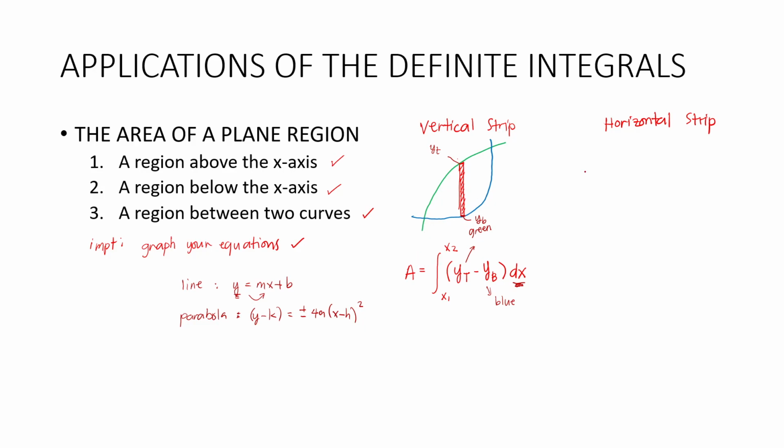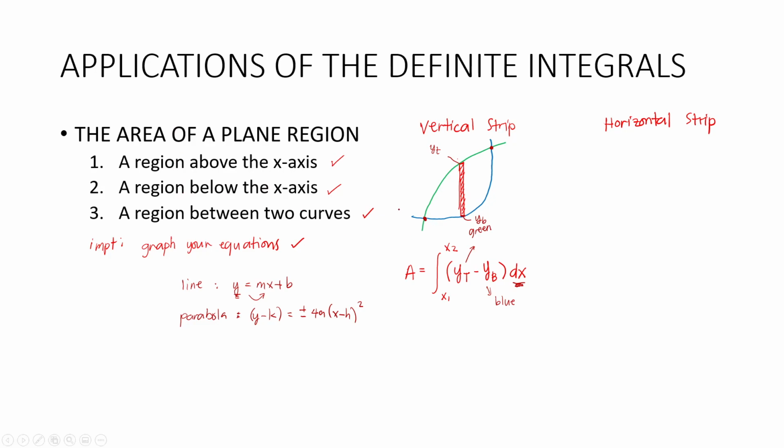Okay, so that would be the formula for the area using vertical strip. Of course, the x1 and the x2 will depend on the points of intersection between the two curves. So again, it may be in the three scenarios presented.